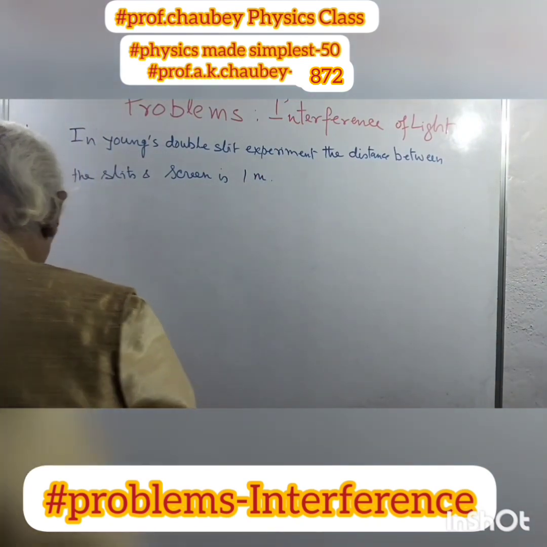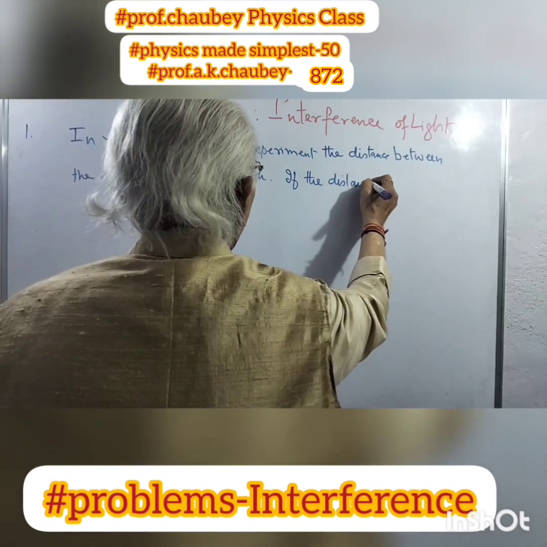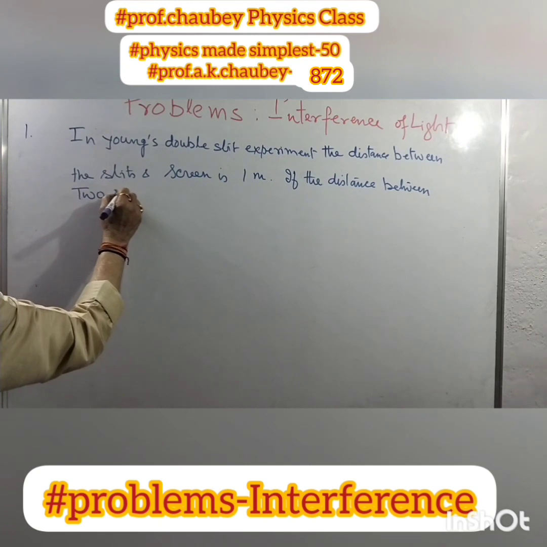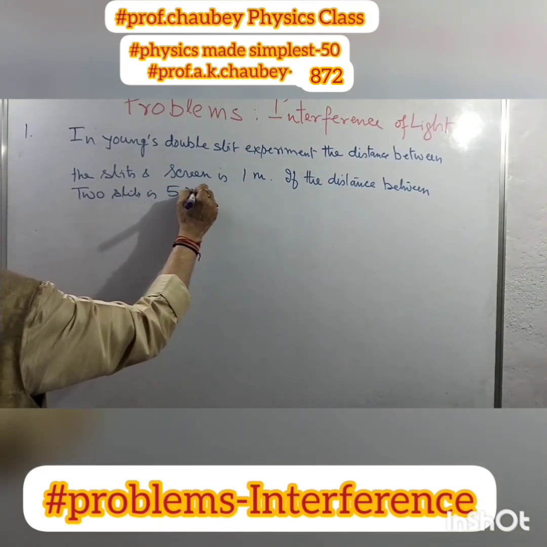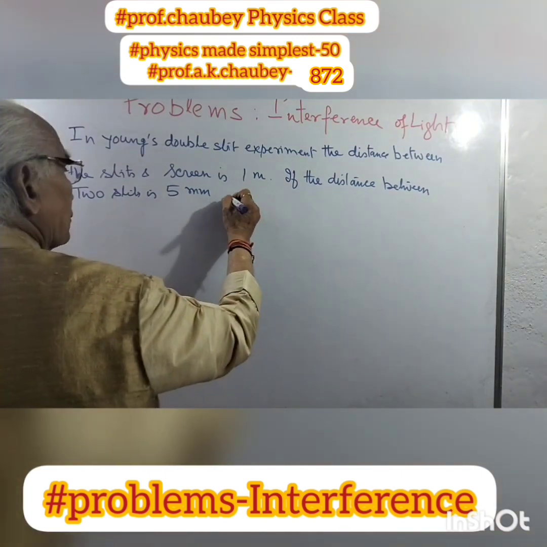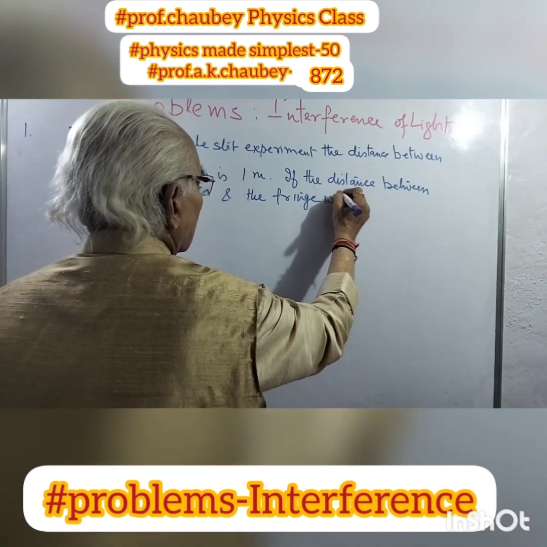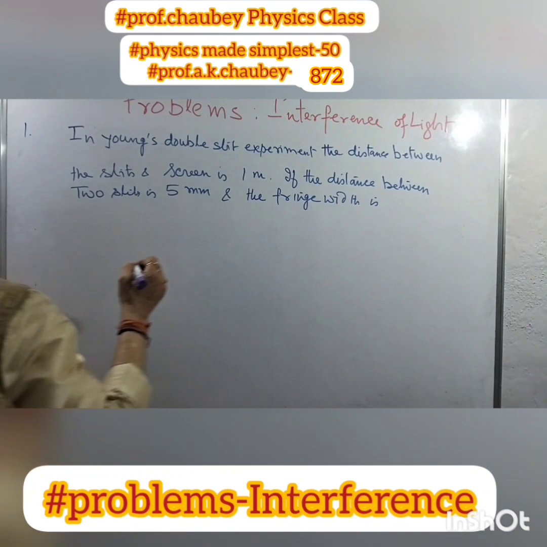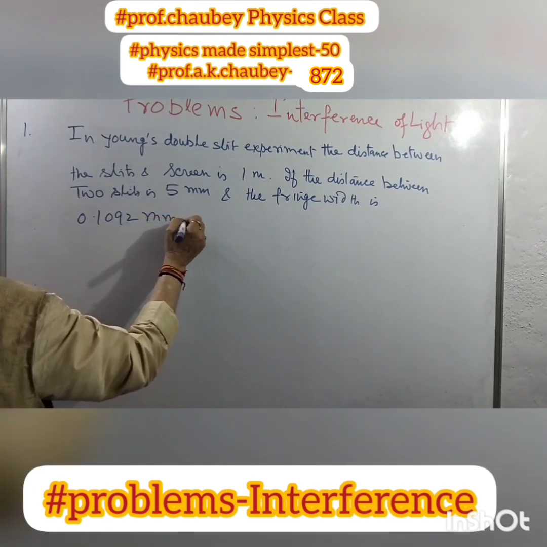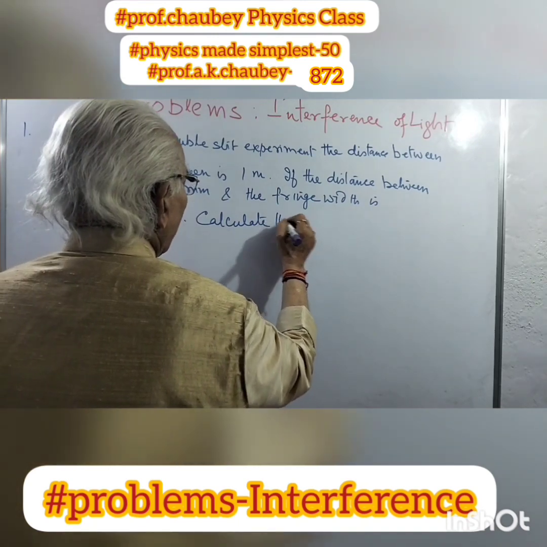If the distance between the two slits is 5 millimeter, and the fringe width is 0.1092 millimeter, now calculate the wavelength of light.